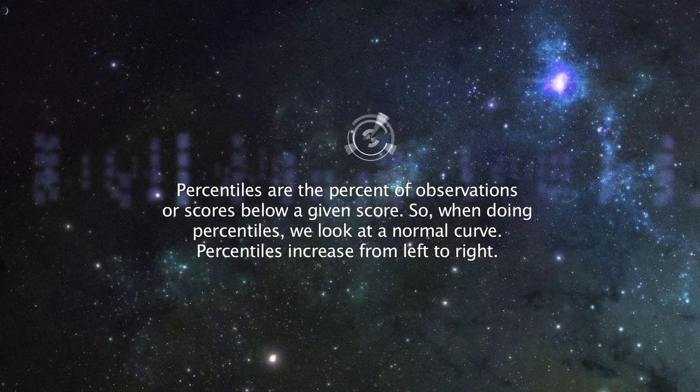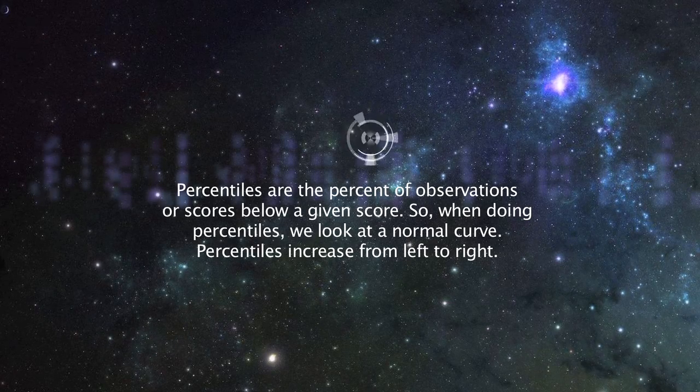From the empirical rule, we know that there is 97% of all the data within 3 standard deviations of the mean. That means that if we draw a normal curve with a mean in the center and 3 standard deviations to the right and 3 standard deviations to the left, then we have 97% of the data within that range. Percentiles are the percent of observations or scores below a given score.